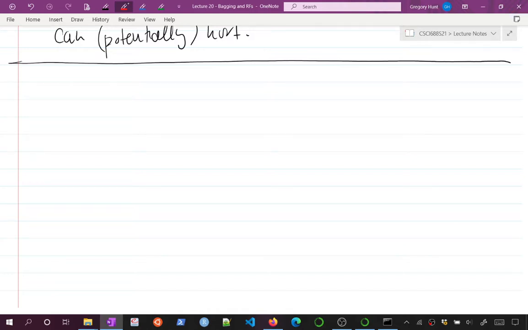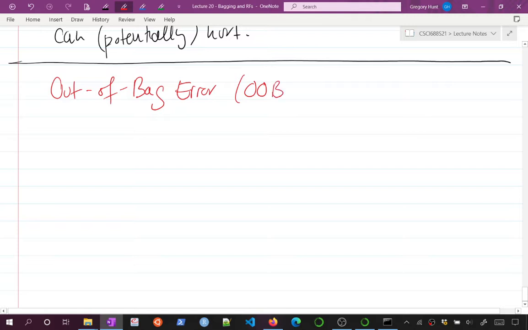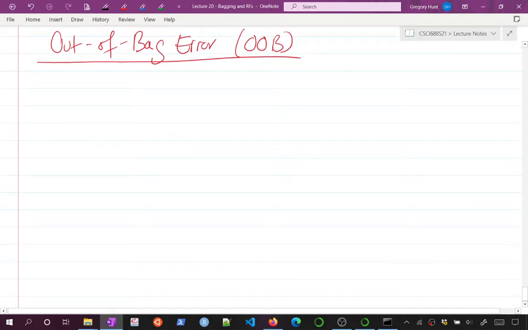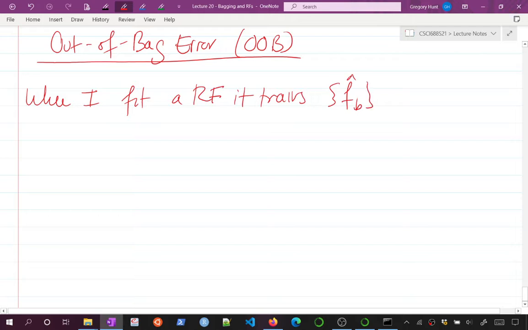Okay, the last thing I want to talk about is out of bag error, which is often called OOB. This is a really nice feature of random forests. So when I fit a random forest, it trains a collection of f_b hats on subsamples.